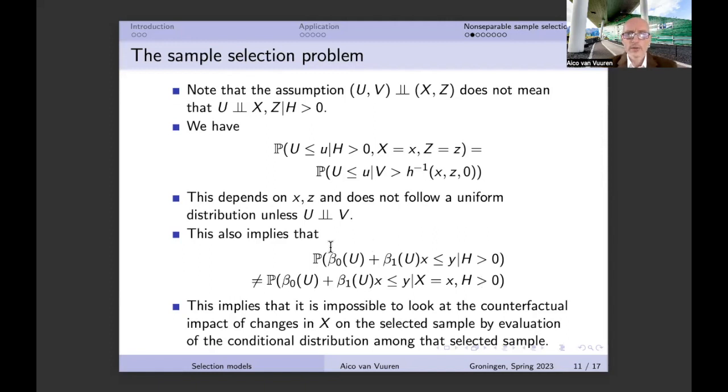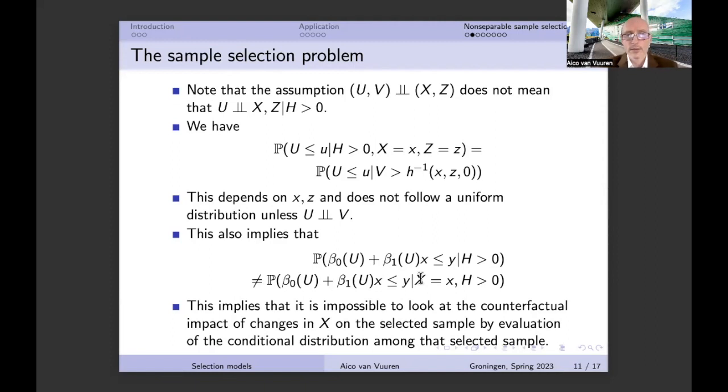You should take into account that this is going to be the distribution of what we expect at the moment that everybody has an x equal to little x, whereas this distribution here at the right hand side, given the fact that we condition on x equal to little x, is actually the distribution of y among those individuals that have an x equal to x.